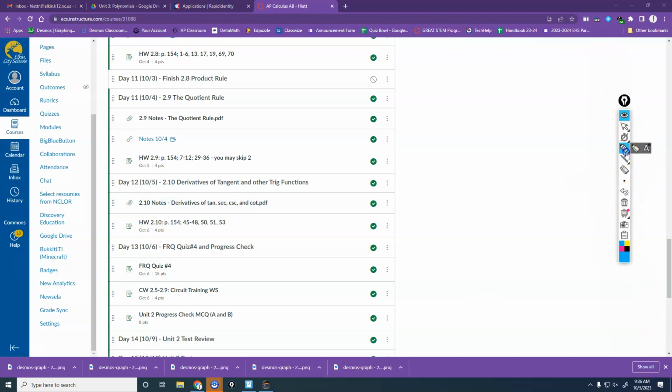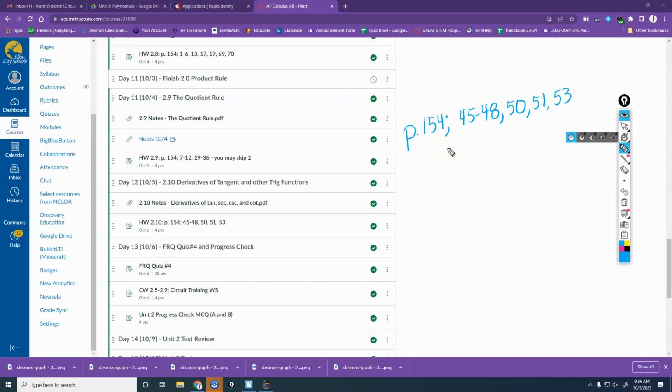I'll write it bigger here so you can see it better. Page 154, you've got 45 through 48, 50, 51, and 53. Should be relatively straightforward on those.